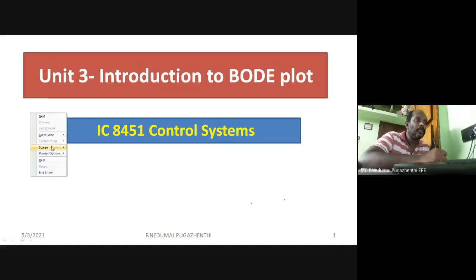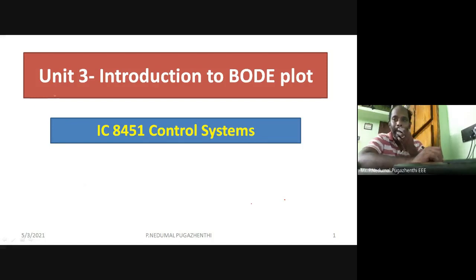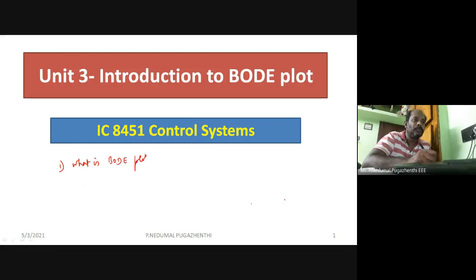Okay then. We will try to provide you some introduction about Bode plot in this particular lecture. At the end of the lecture, you will know what a Bode plot is.